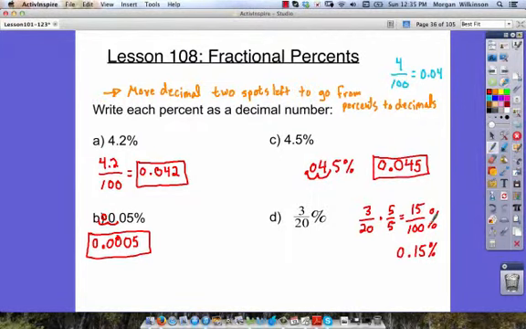Move the decimal 2 to the left, 1, 2, to turn our percent to a decimal. We've got our answer, 0.0015. The key here is whenever we want to go from percents to decimals, we move the decimal 2 spots to the left. Let's look at our next examples.